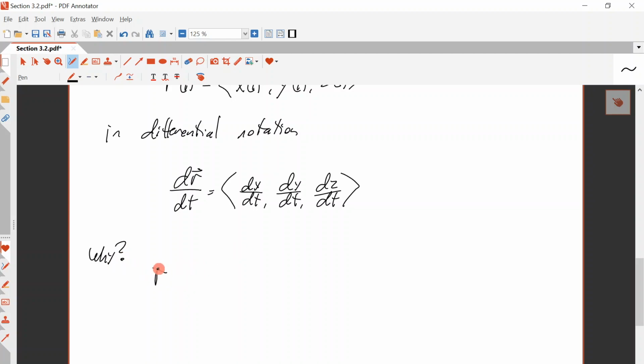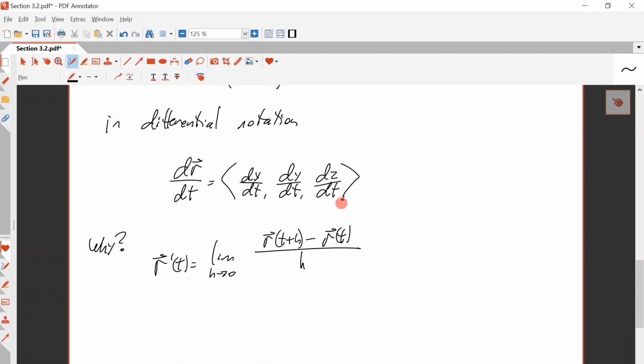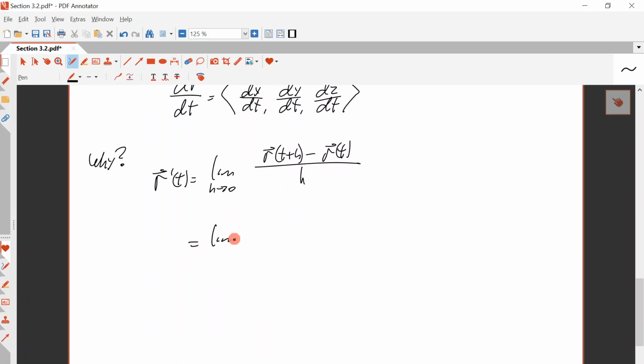Well, you can calculate it. r prime of t is equal to the limit as h goes to 0 of r of t plus h minus r of t over h, which is the limit as h goes to 0 of 1 over h times the vector function x(t+h) minus x(t), y(t+h) minus y(t), z(t+h) minus z(t).